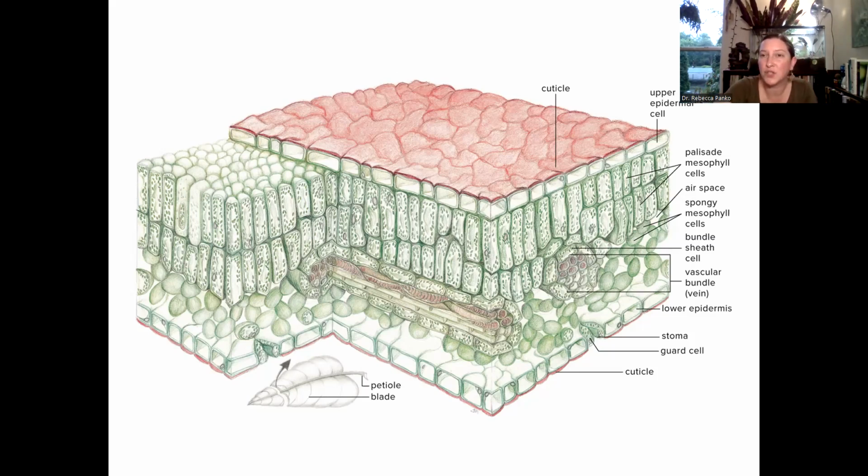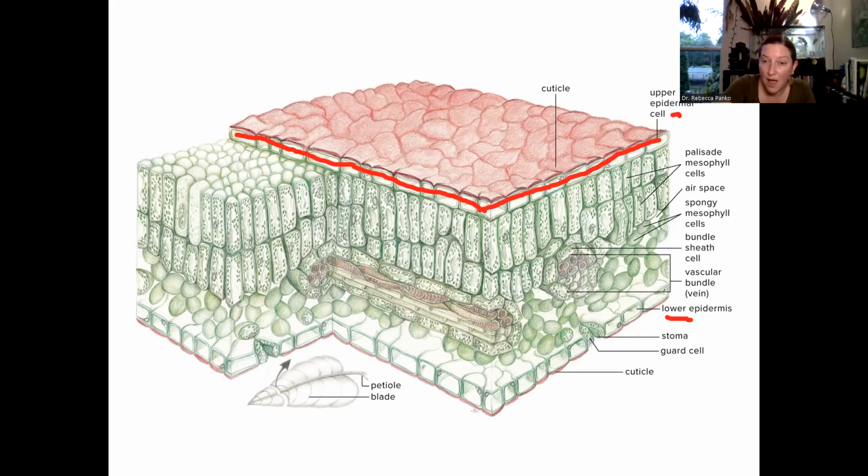So that's a good place to start here, is to look at the epidermis first. So for epidermis, I will use red. All right, so look here, upper epidermal cell. So this right here is one cell of the upper epidermis, and this whole layer here is the upper epidermis of the leaf.